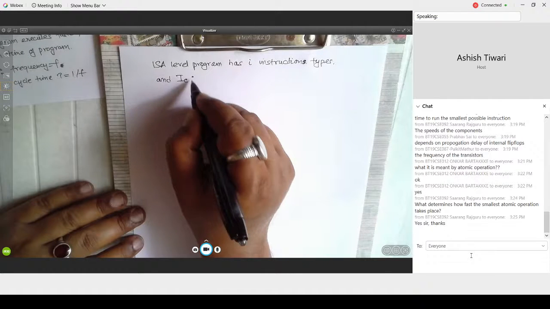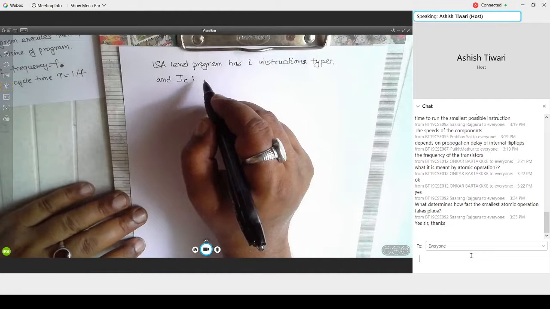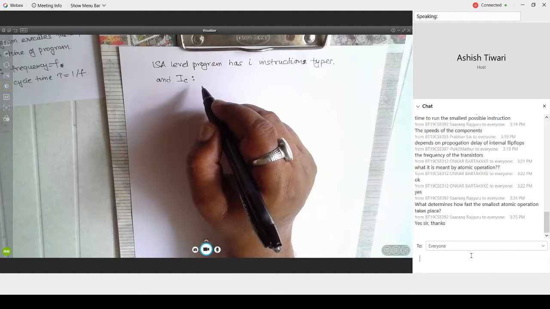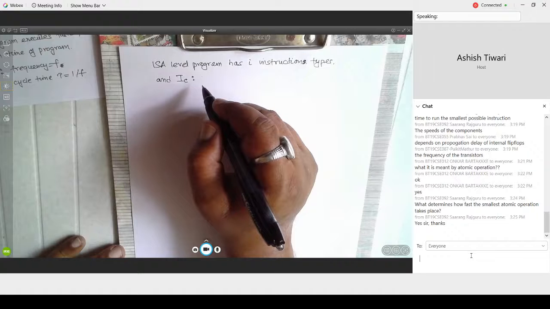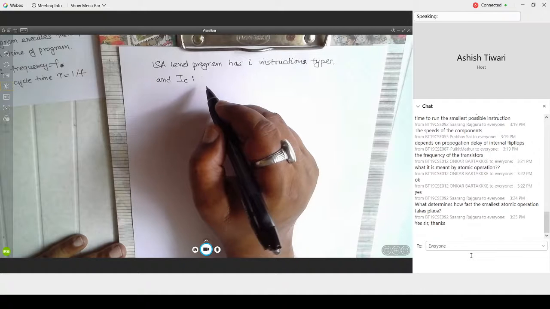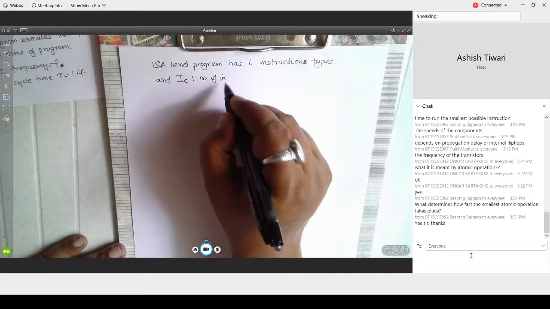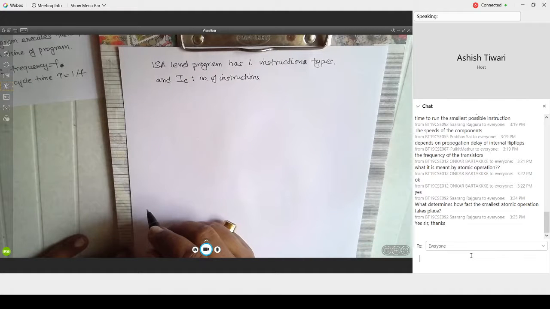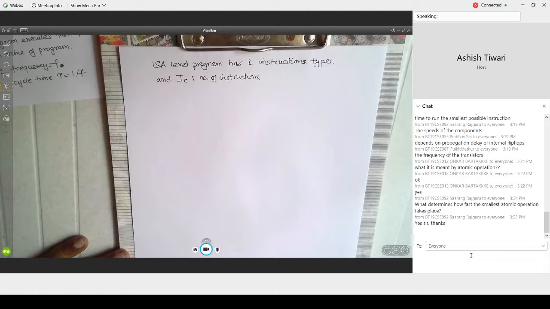IC is the number of instructions, right?